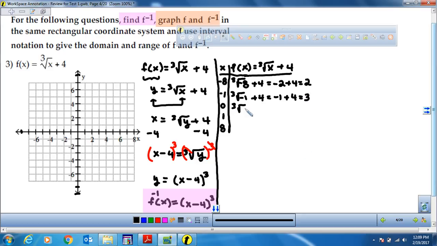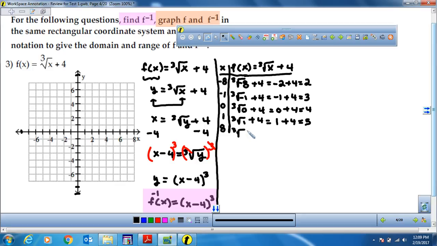The cube root of 0 is 0, plus 4 gives me a 4. The cube root of 1 is 1, plus 4 gives me a 5. And the last one, the cube root of 8 is 2, plus 4 gives me a 6.